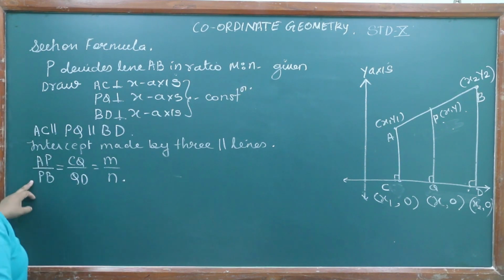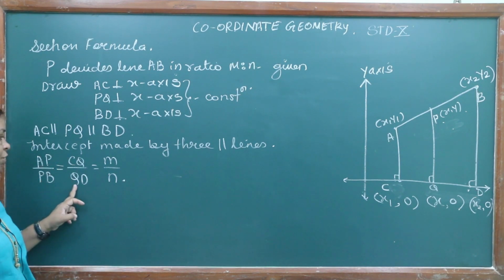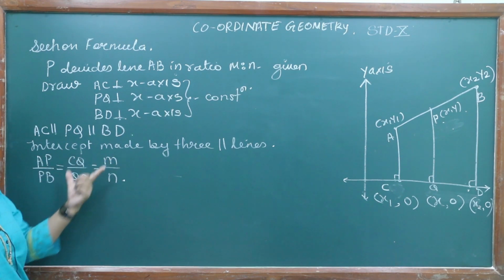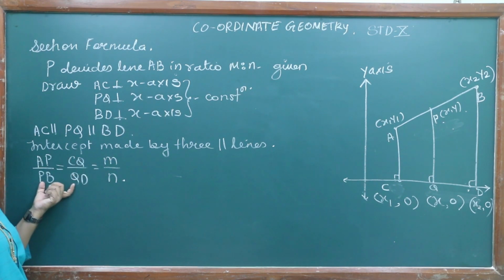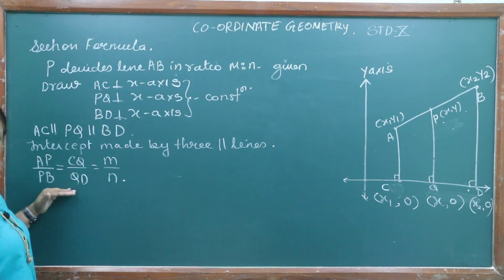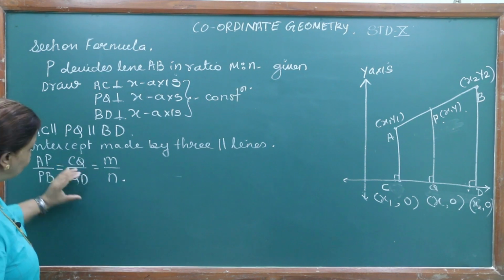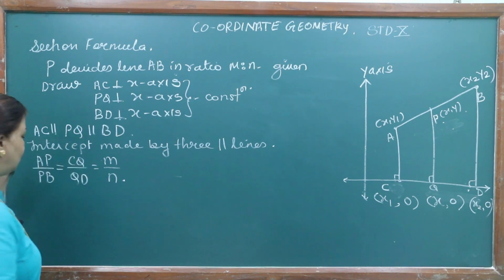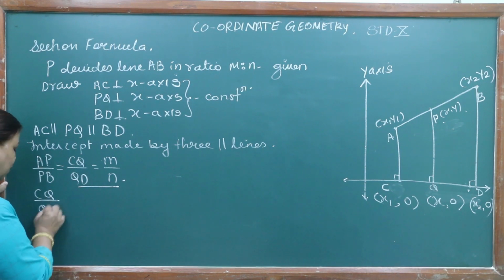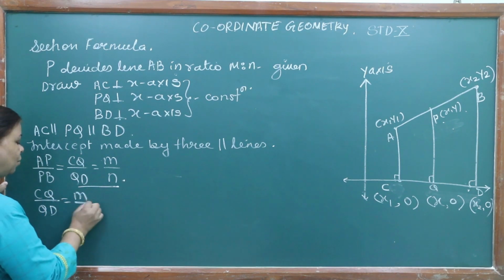So AP upon PB is equal to CQ upon QD. It is the property of the intercept made by three parallel lines, and this is divided into the ratio m:n. I will be taking only this: CQ upon QD is equal to m upon n.